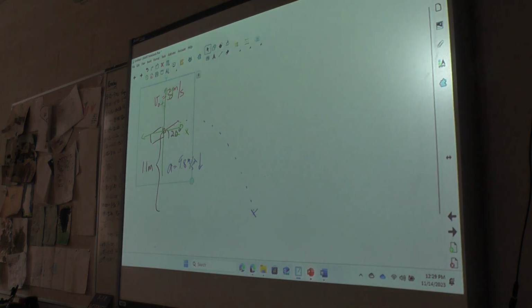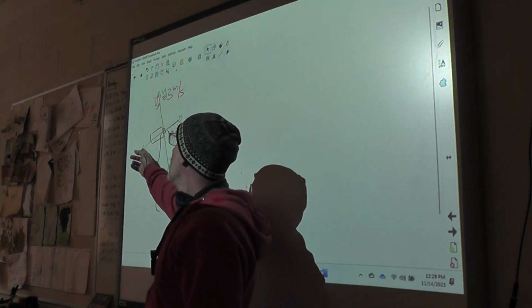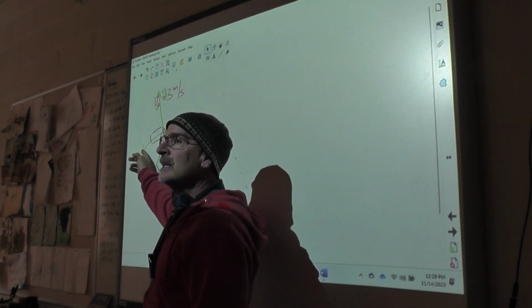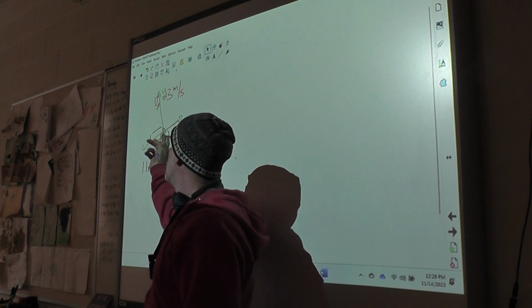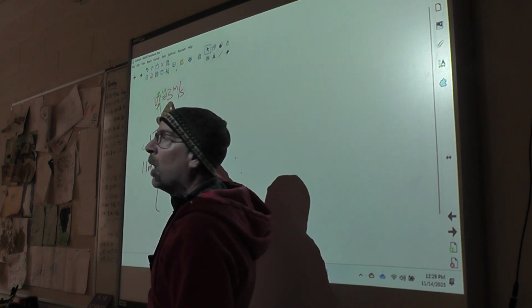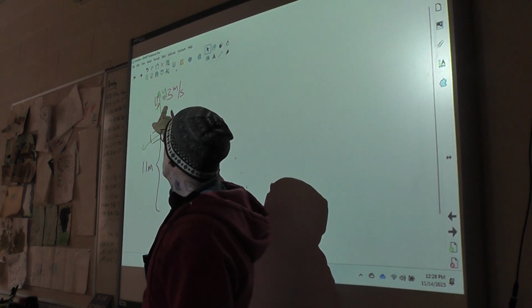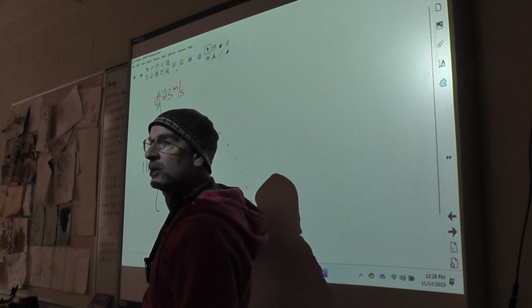But in those problems, we might rotate our axis so that instead of the x-axis being perfectly horizontal, maybe the x-axis is angled such that it's at a 20-degree angle to horizontal. In that case, this quantity is in our positive x direction. And there's no part of this quantity that's in the y direction.